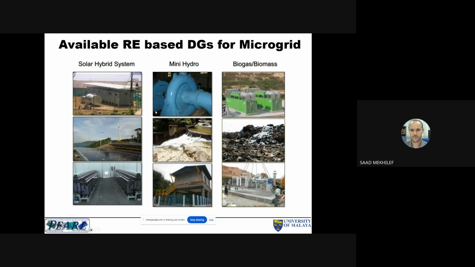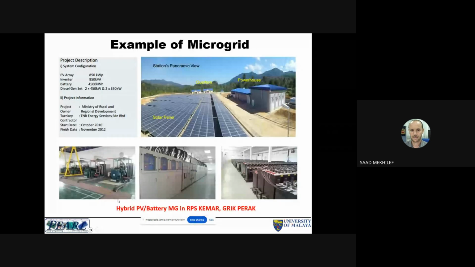Let me give you an example. This is actually a real example where we have the biomass, which is using biogas, the mini hydro, and then the solar. This is a real system, where the project configuration is a PV array of around 850 kilowatt peak. The inverter is also sized around that range, around 850 kilowatt.